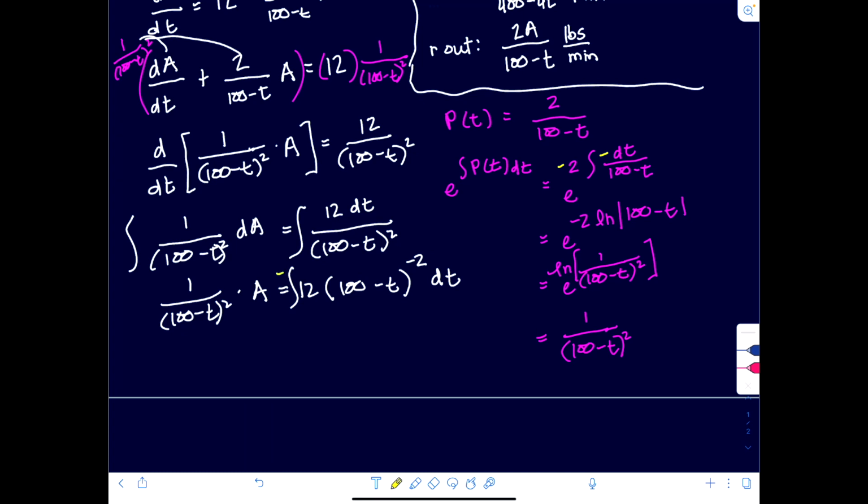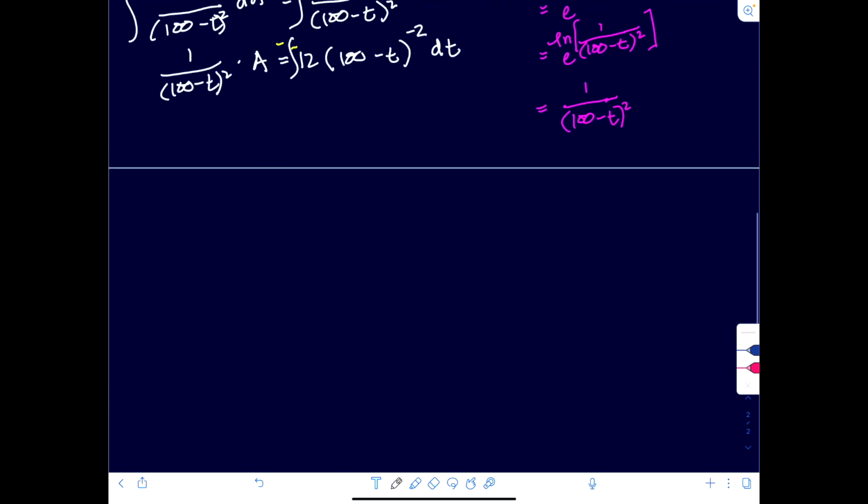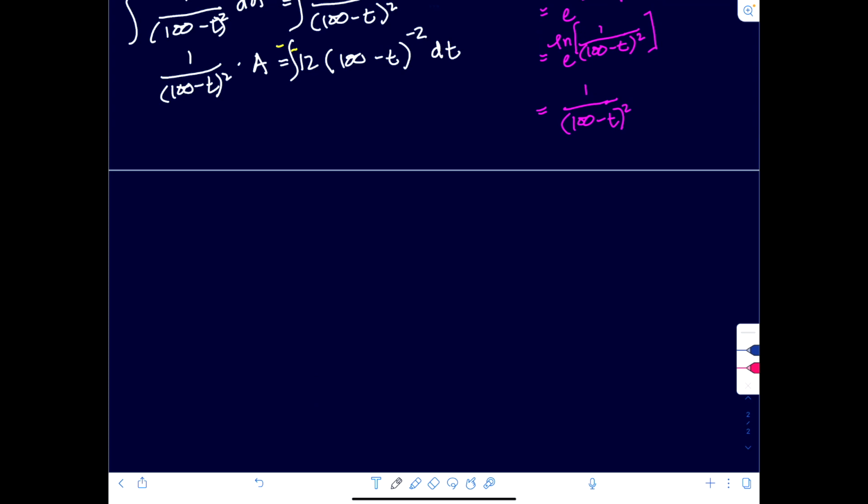So we will get 1 over quantity 100 minus t squared times A is equal to negative 12 times quantity 100 minus t raised to the negative 1, using the power rule, over negative 1, plus my constant of integration.